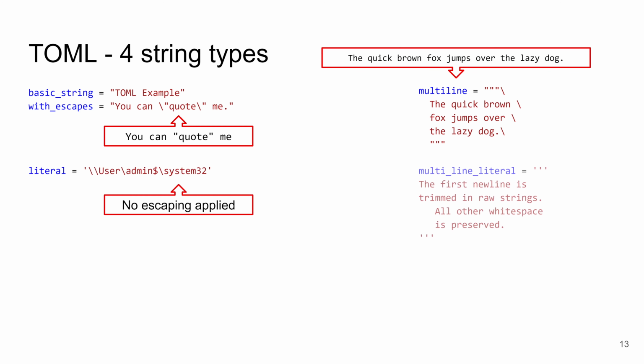And the combination of a literal string and a multi-line string is a multi-line literal string, and here all the white space is preserved except the first new line, because it is expected that you will start a multi-line string with a new line right after the 3 single quotes. So the first new line after the 3 single quotes is actually ignored, but then all the white space is preserved up until the final triple single quote.